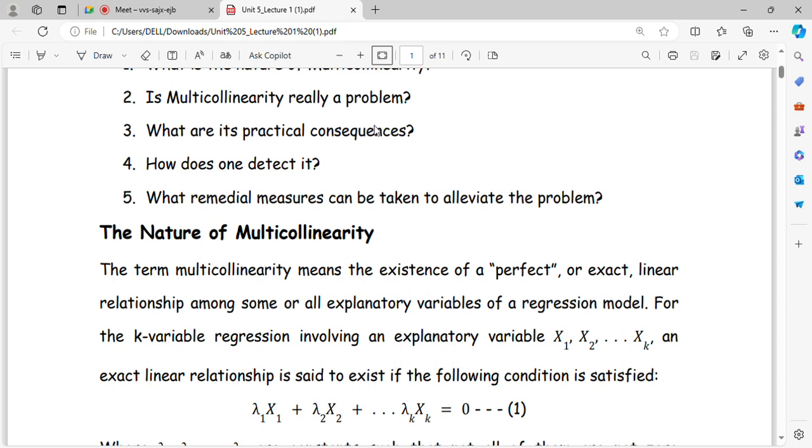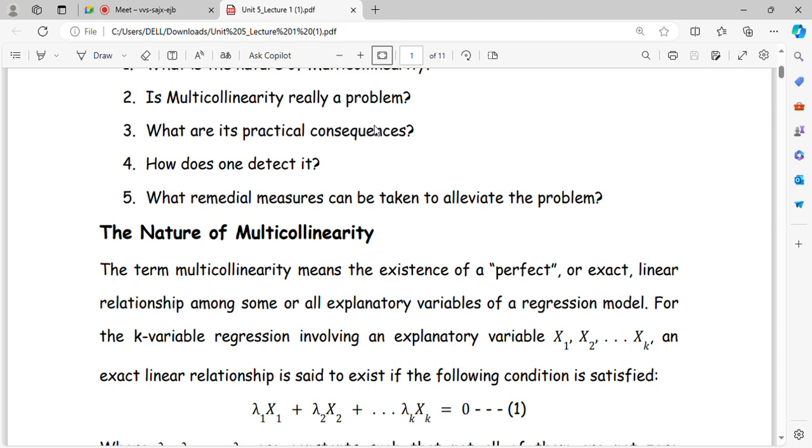Now, the term multicollinearity means the existence of a perfect or exact linear relationship among some or all explanatory variables of a regression model.